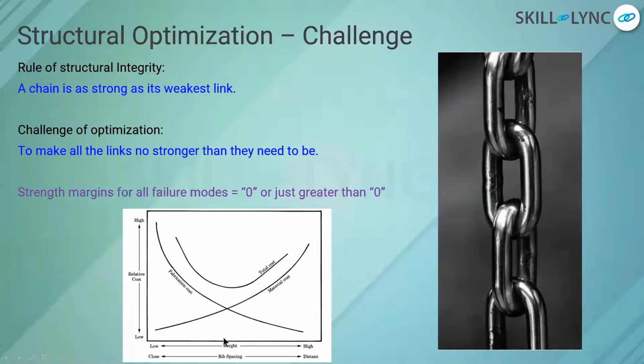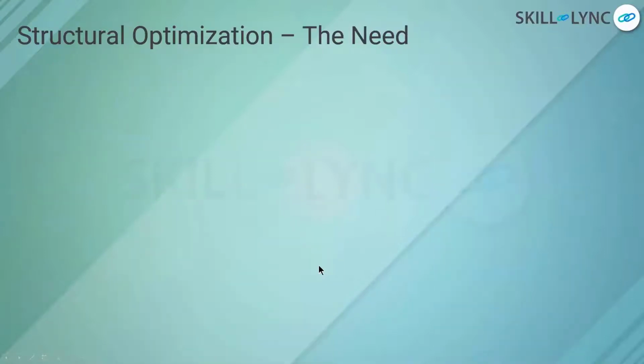So the optimum weight is the one which balances the total cost, including the material cost, fabrication cost, or any other costs associated throughout the product usage, for example. So that's the challenge that structural optimization will face when you actually define the product.